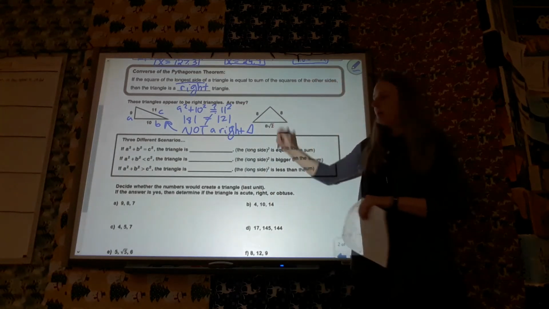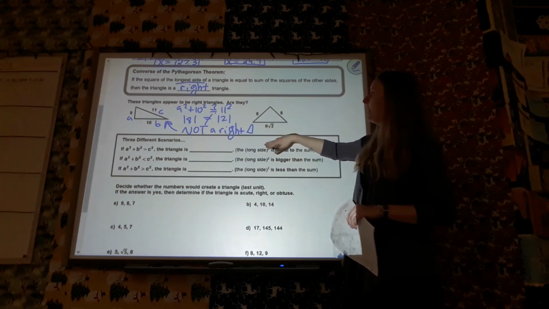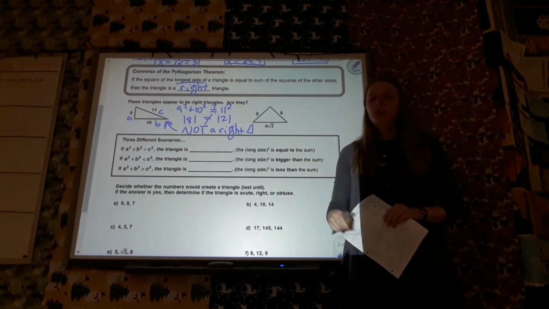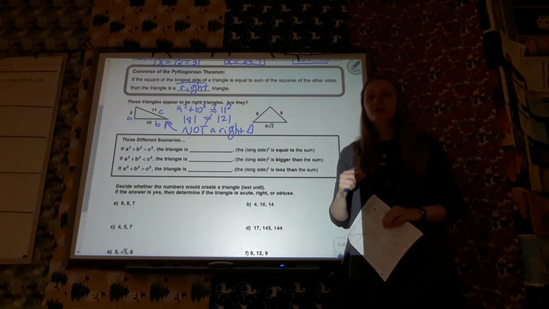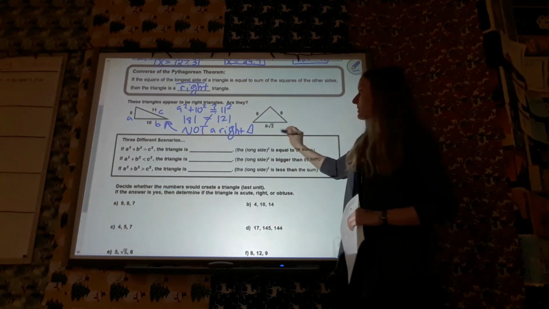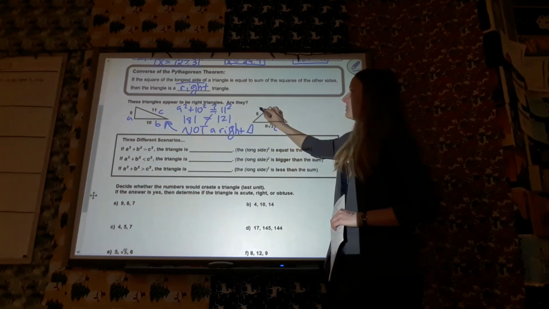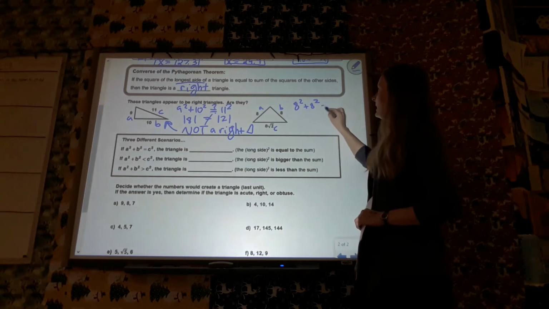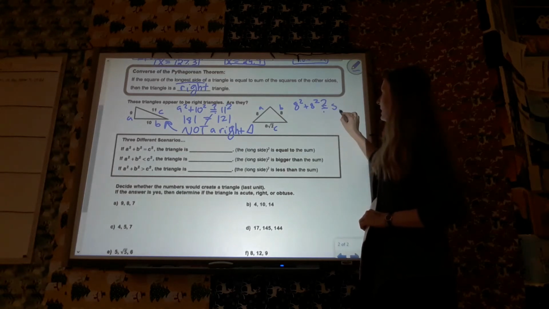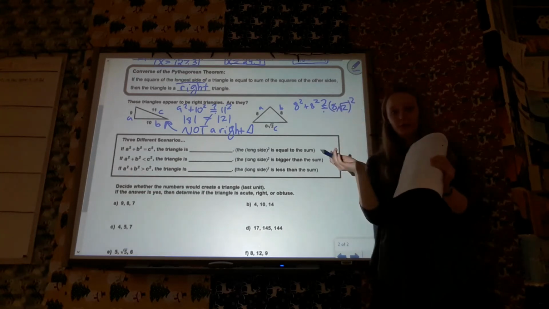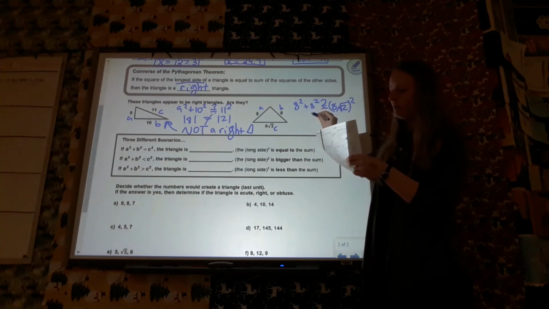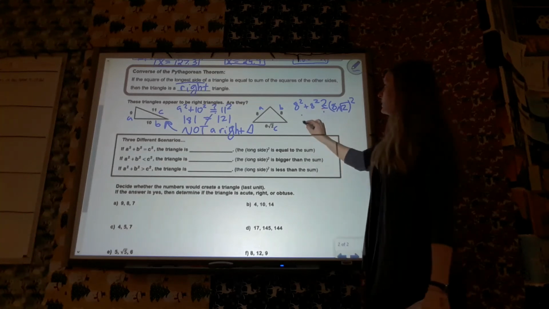Well, what if we try it with this one? I can see that the longest side is 8 times the square root of 2. I don't know exactly what that is as a decimal, but you can test it in your calculator to make sure it is in fact greater than 8. This is going to be the biggest side, that's going to be my c. And the other two are a and b. So I would have 8 squared plus 8 squared. Is that equal to (8 square root of 2) squared? Remember, parentheses around that. So I would have 2 times 64, which is 128.